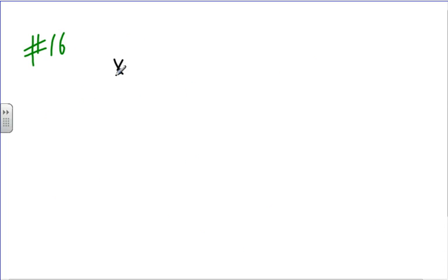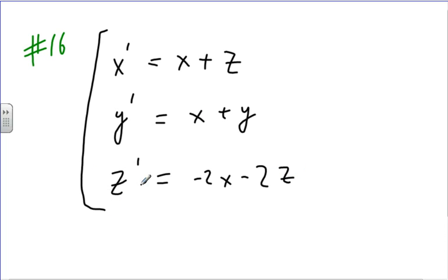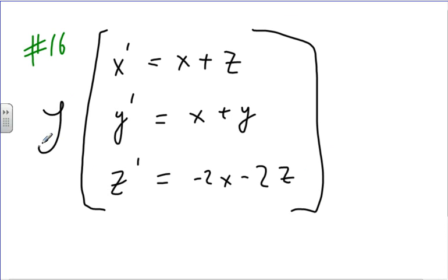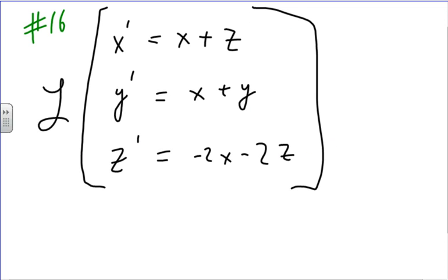Okay, so I've got x prime is x plus z. And y prime is x plus y. And z prime is minus 2x minus 2z. And all of them are 0 at their first derivative. And I'm going to take a Laplace transform of the whole thing. So I'm going to have s x of s is equal to x of s plus z of s.